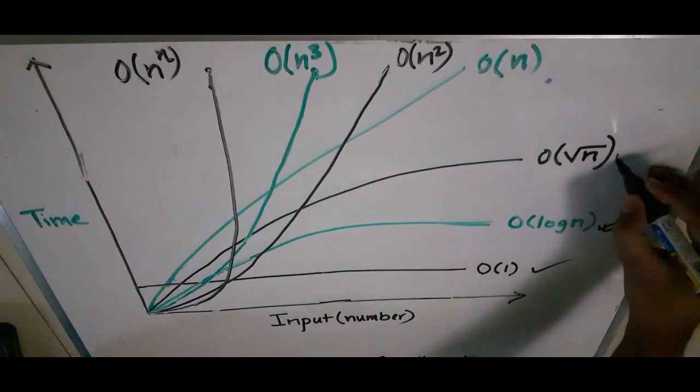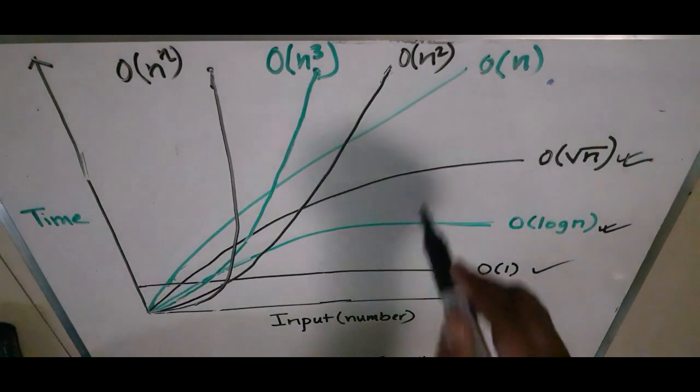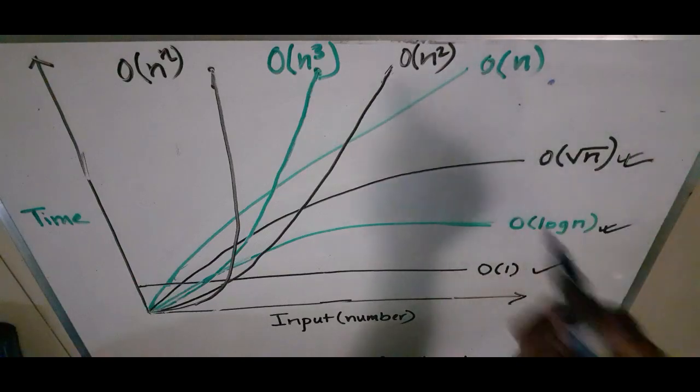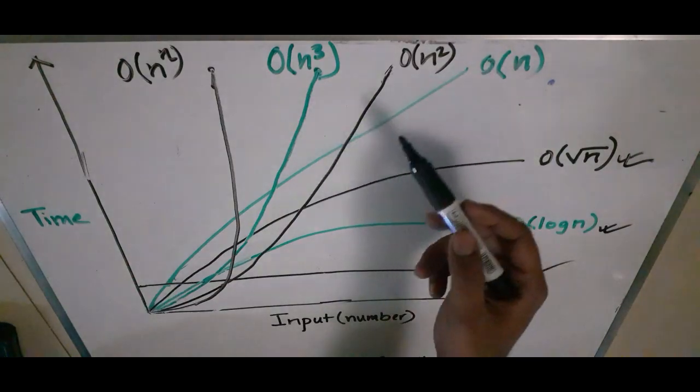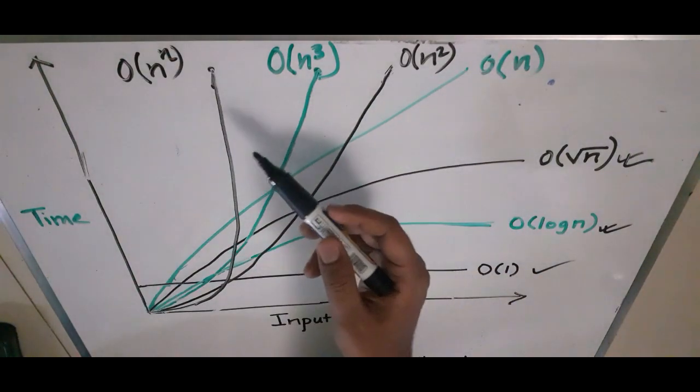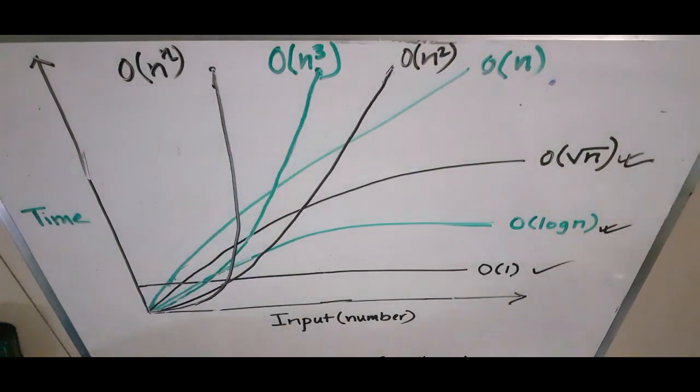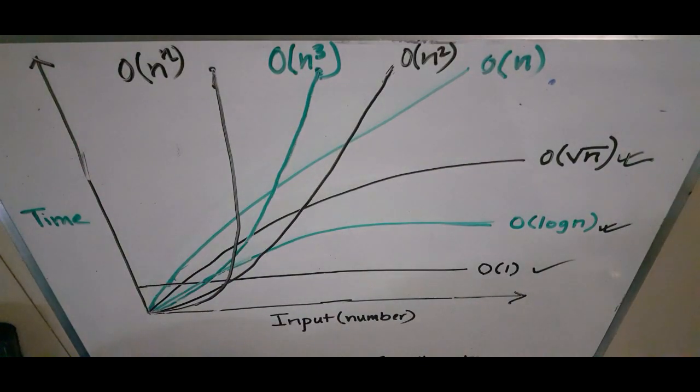Then we have square root of n followed by big O(n), then big O(n square), big O(n cube), and after that big O(n to the power n). So the conclusion is, the less the growth rate, the better the time complexity performance is.